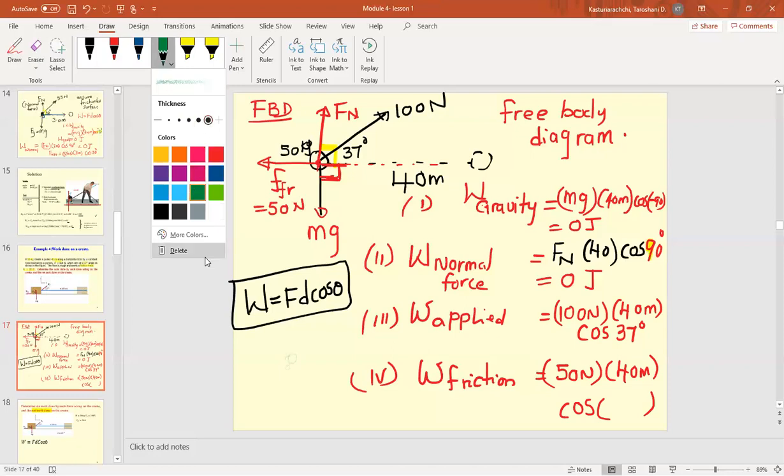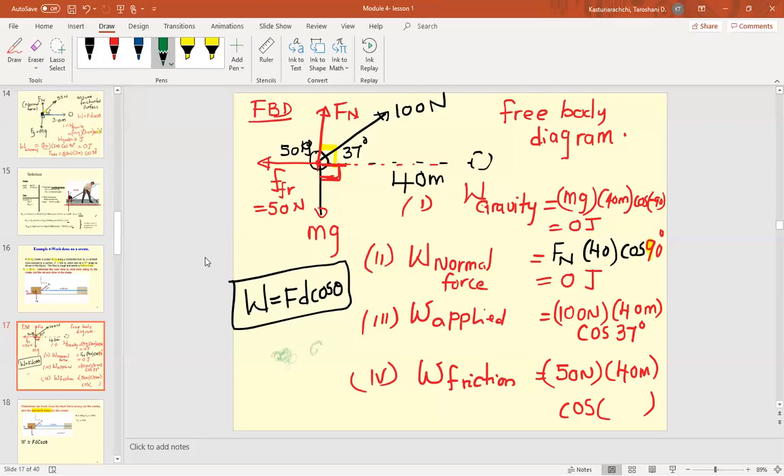Okay, this is the box, right? I'm going to go with the black. And this is the box, and I'm trying to move it 40 meters.